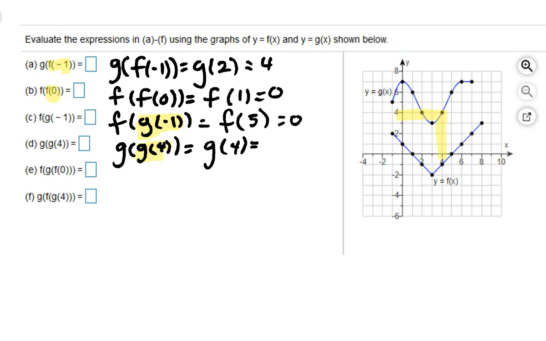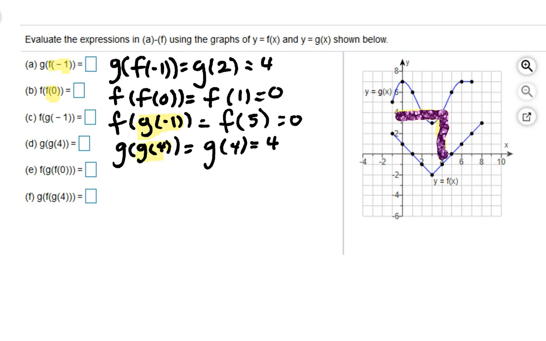Now we want to find g of 4 again. We have an x value of 4, we go up, and we get a y value of 4. So g of g of 4 is 4.